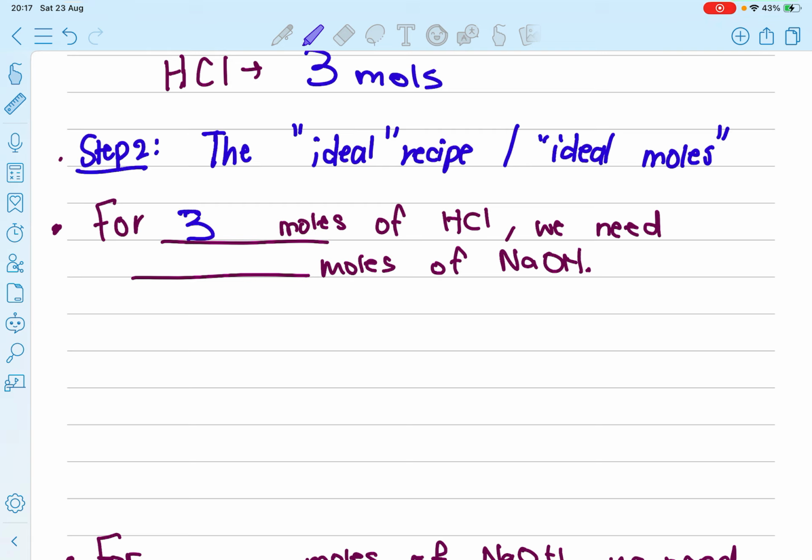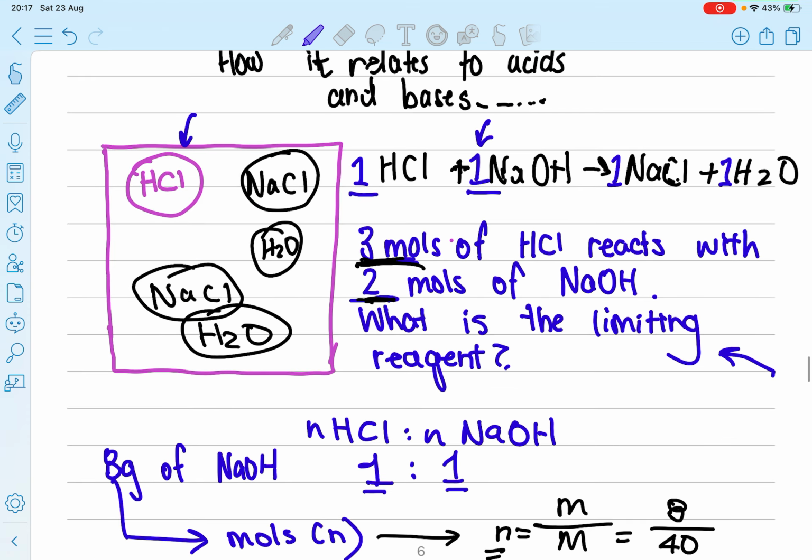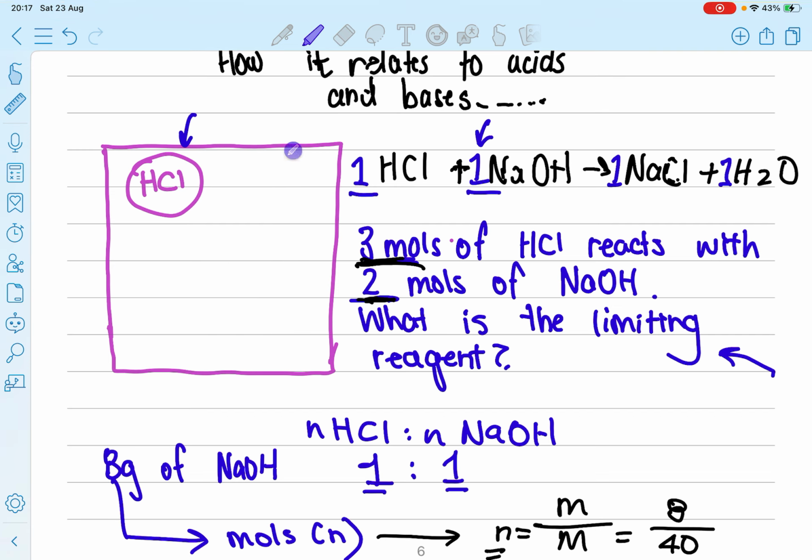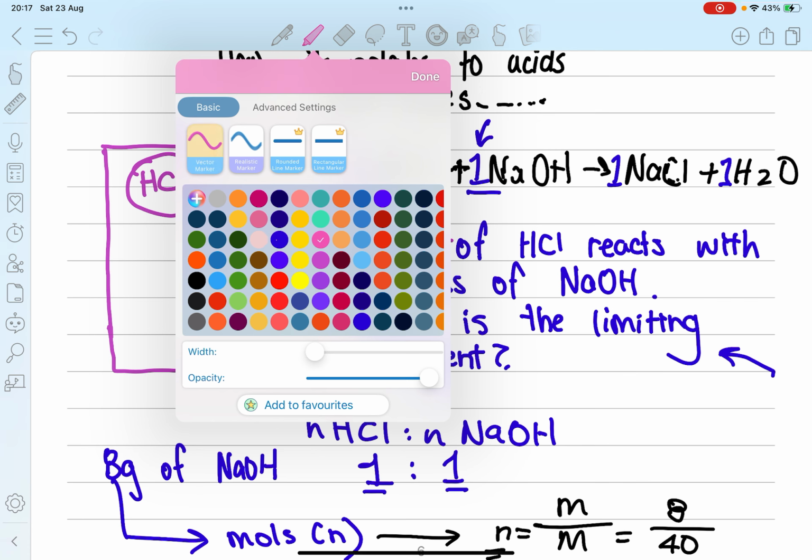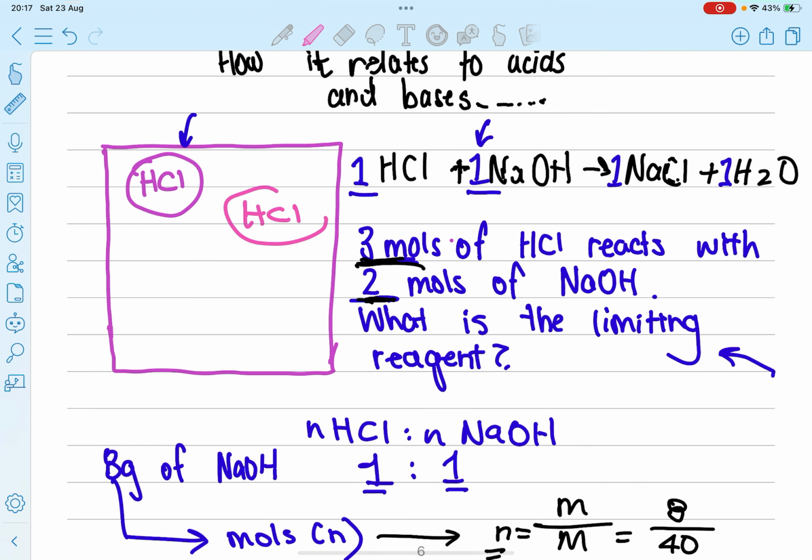Meaning you need to create a scenario where you pretend as if you do not have any moles of sodium hydroxide. So if you look at this picture that I drew here, we basically knew that we're starting off with 3 moles of HCl, and that we're also going to have 2 moles of sodium hydroxide.